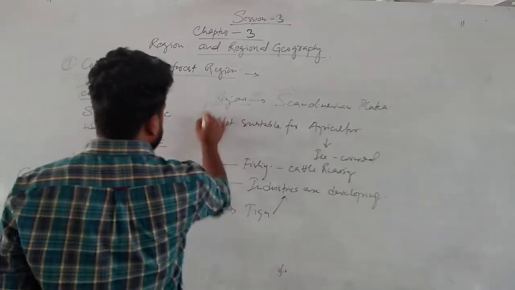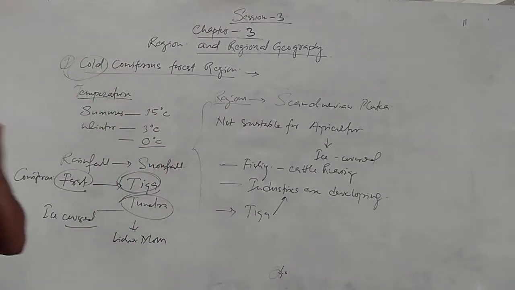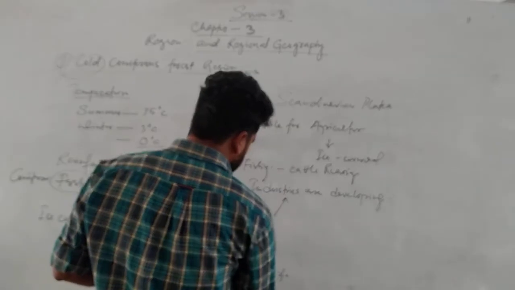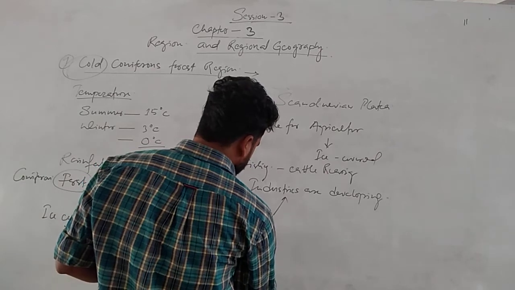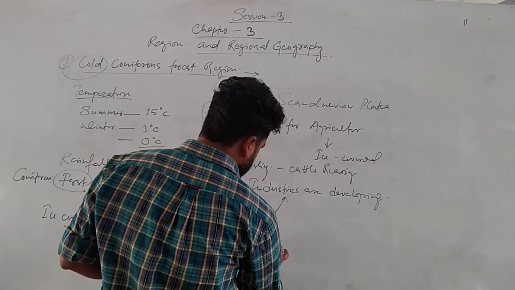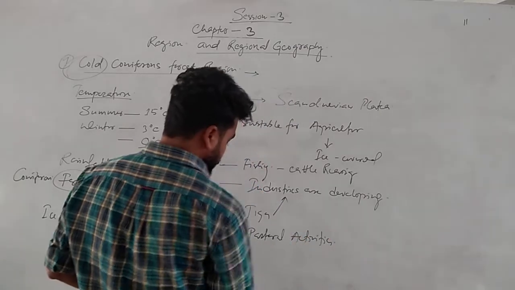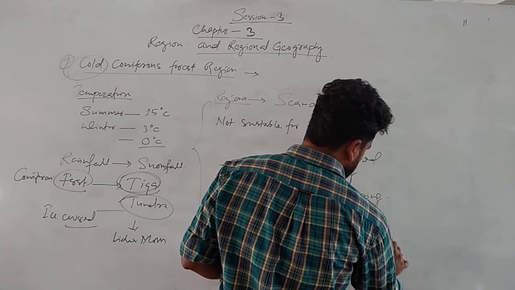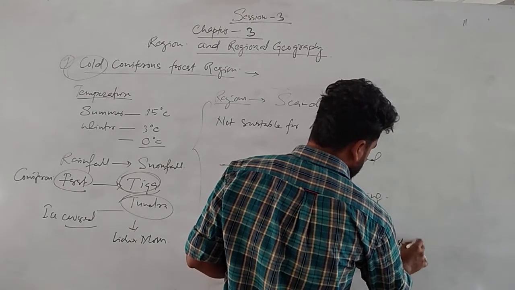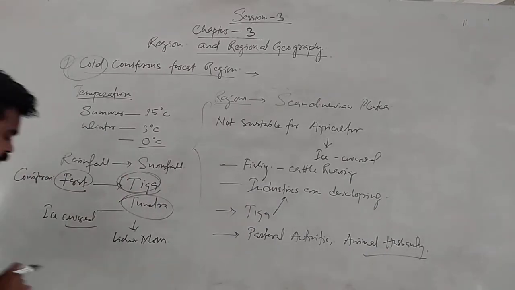Due to this cold region, the temperature is very low, and they are only dependent on their pastoral activities and animal husbandry. Okay, so this much is all about the cold coniferous region.